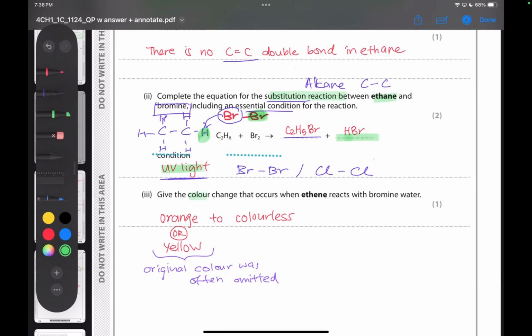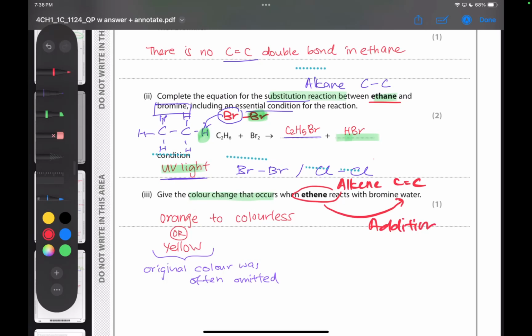And what is the observed color change? We're looking at the alkene, the CC double bond family here. When an alkene, in this case ethene, reacts with bromine water, this is an addition reaction. The bromine water, the original color is orange.